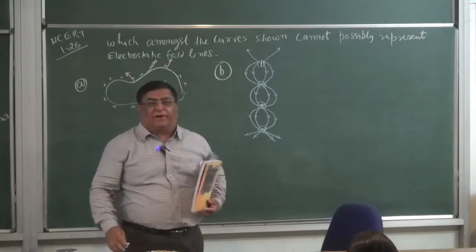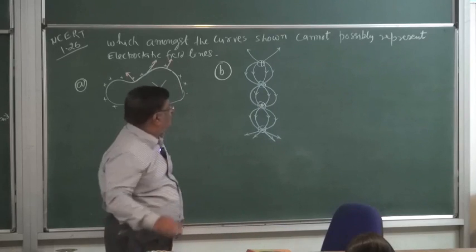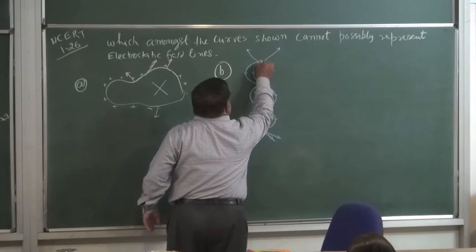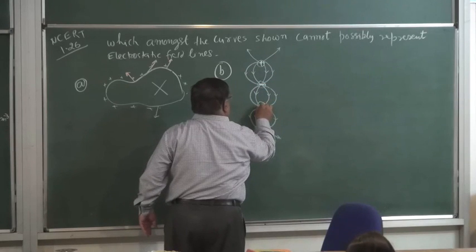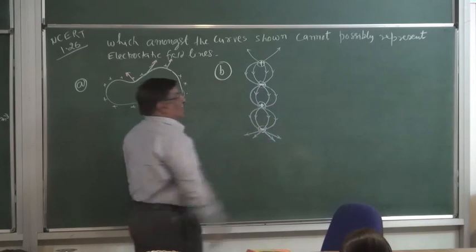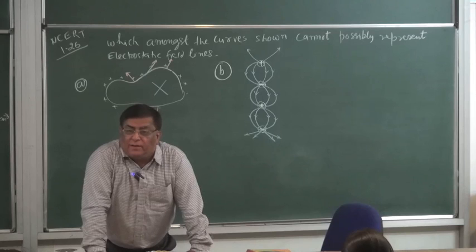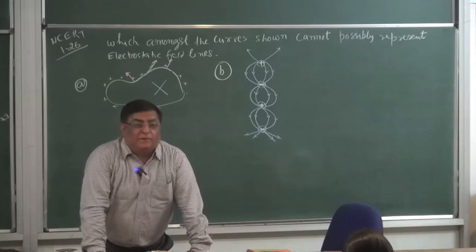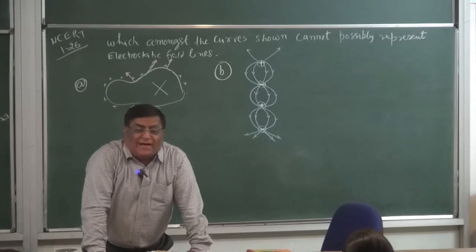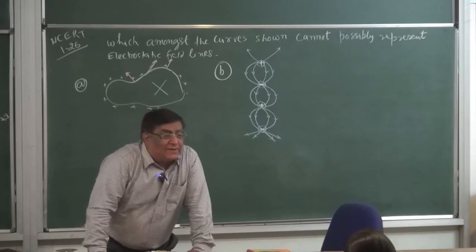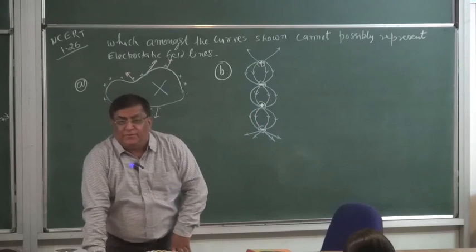Is this electric field possible or not possible in nature? Okay. No. Why? From minus, what happens to the electric field lines? Answer is, at minus they terminate. They do not start from minus. And in this diagram what they have shown?